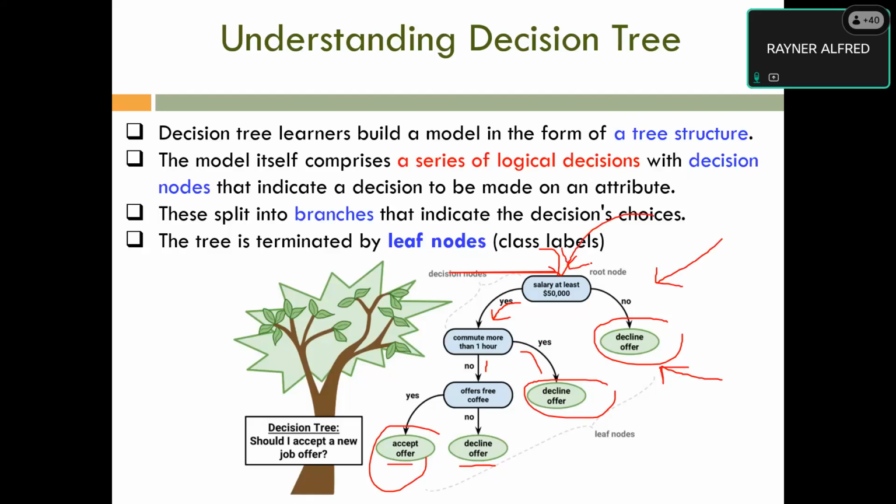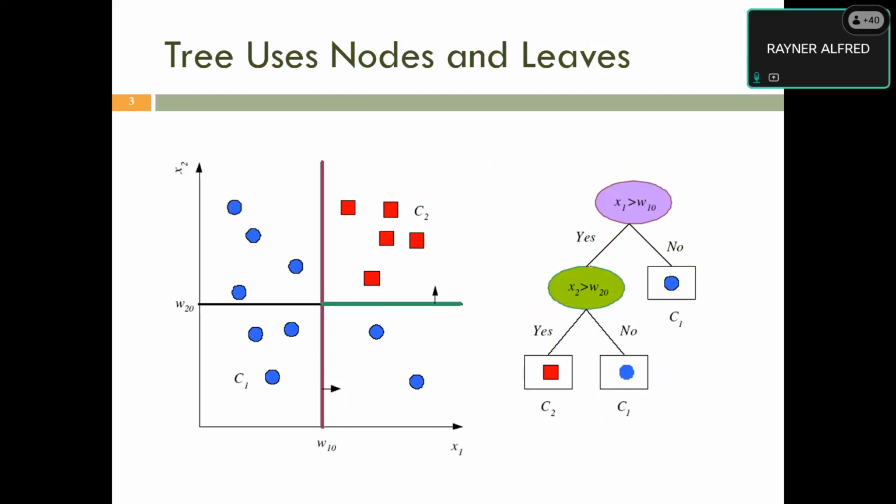Okay. So we will learn how to construct the tree. For example, like this, we have x1 and x2 for our sample here. So we have class 1 and class 2.